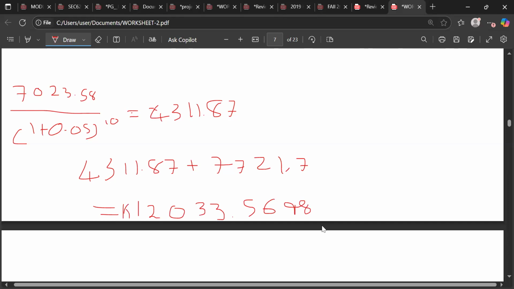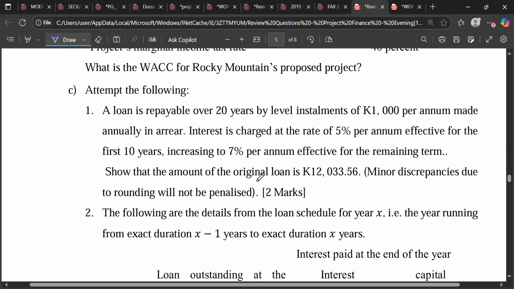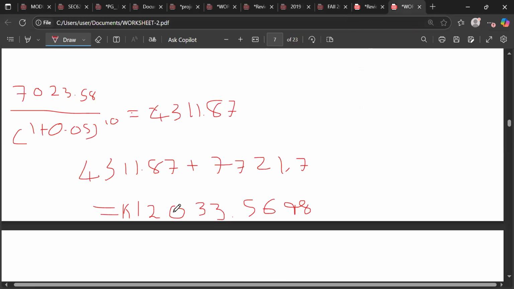Are we seeing how this is close to the answer? Any questions? So are we seeing how we've shown that the original loan is about 12,033.57 kwacha, give or take, for rounding off? Any questions here?